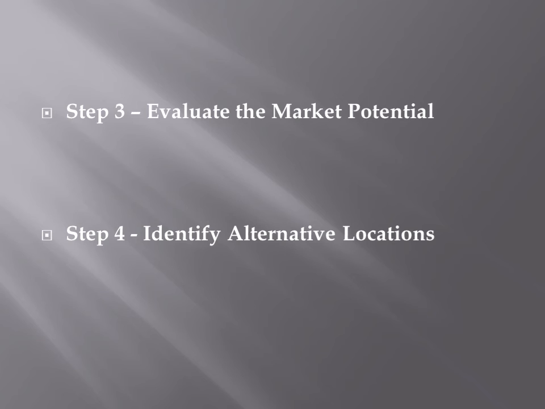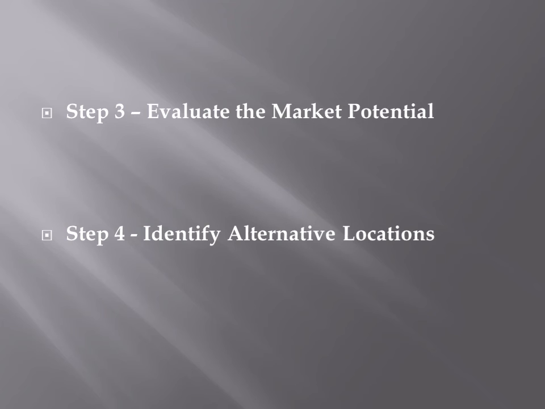Once you evaluate the market potential, your task is to identify the alternative locations. How many locations are available, where you can find it very innovative, and where you can find more demand for your business.